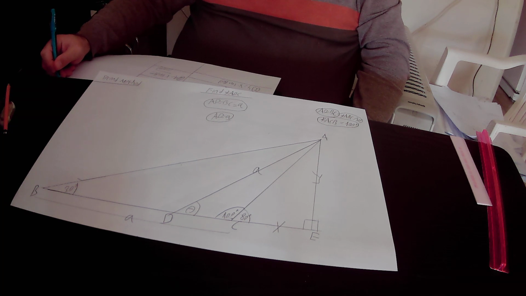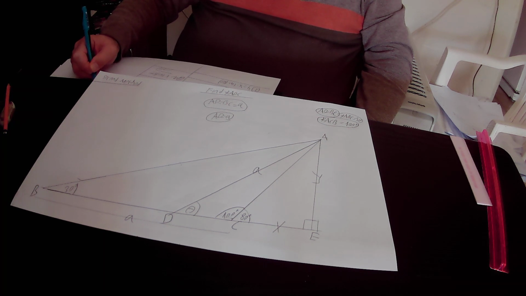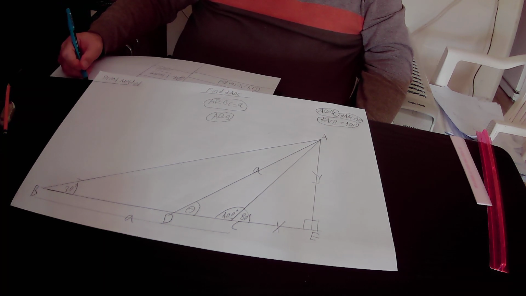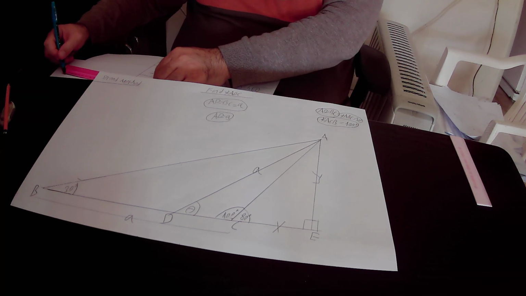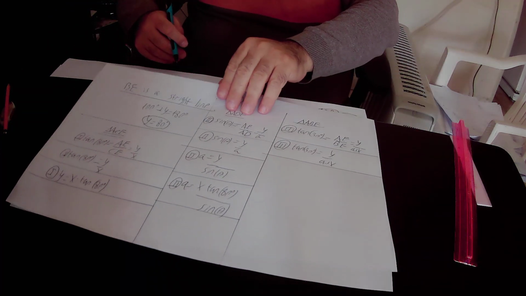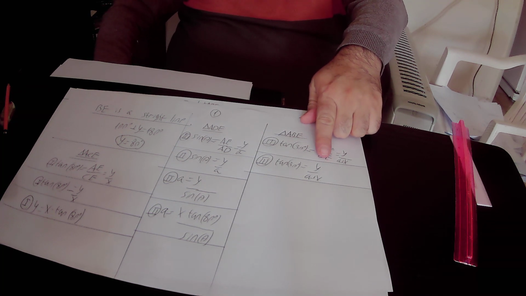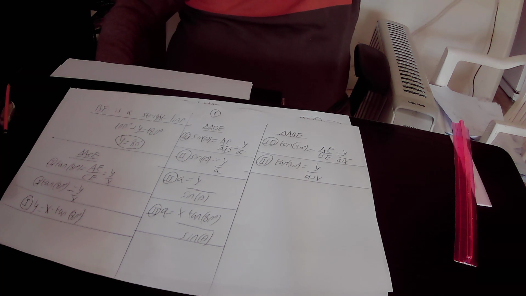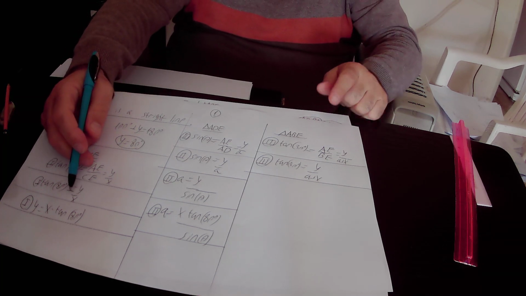So in conclusion, according to equation number 3, tangent 30 degrees equals Y over A plus X. I repeat again, in triangle ABE, according to equation number 3, tangent 30 degrees equals Y over A plus X. And according to equation number 1, Y equals X times tangent 80 degrees.